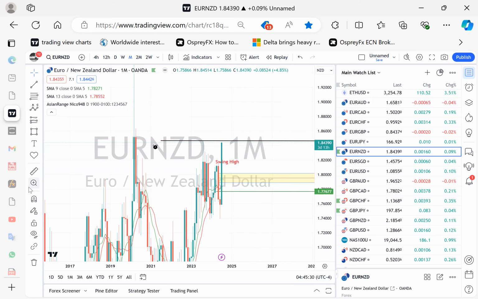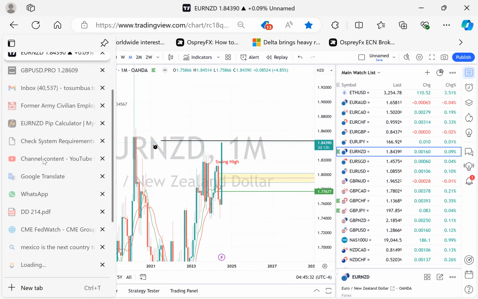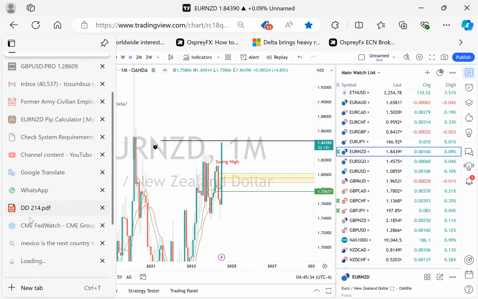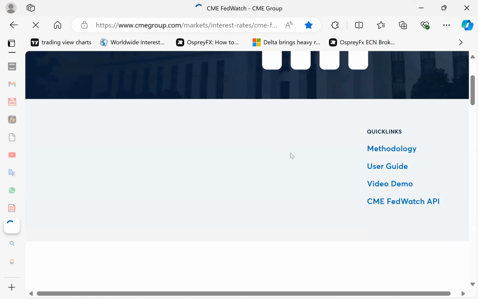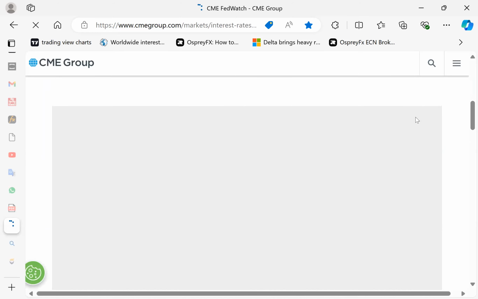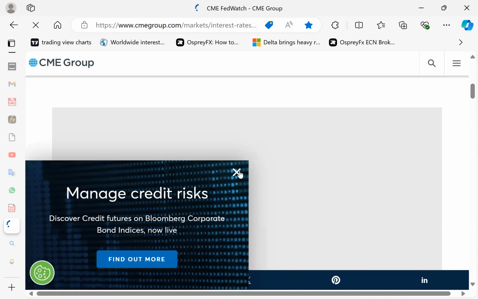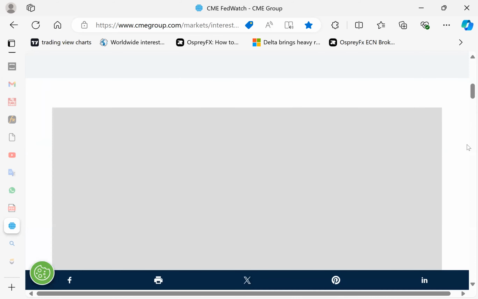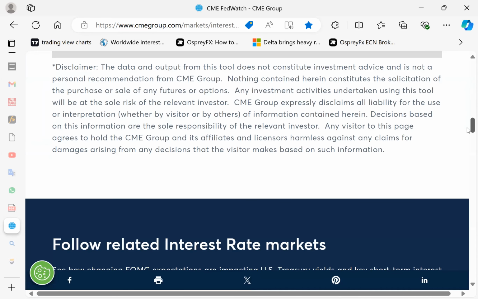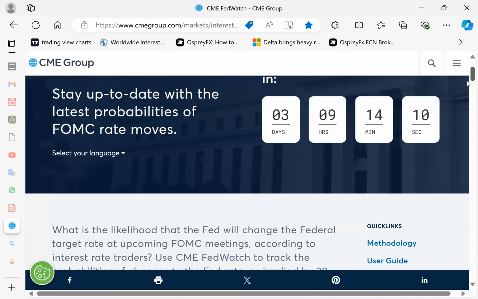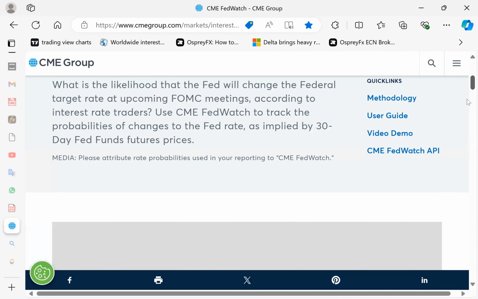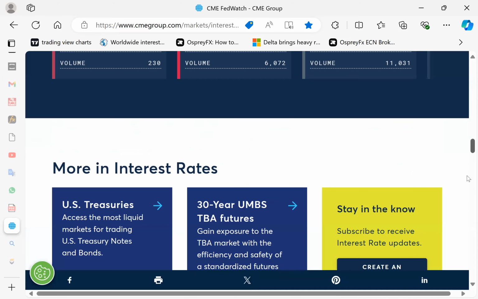I would be remiss if I didn't tell you guys that the Fed meets this week, the Federal Reserve Bank, and they're going to decide whether or not they're going to raise our interest rates. That's going to be a serious market mover. The market is going to be heavily manipulated. So keep in mind that whatever the Fed decides to do with the interest rates, it's a big deal for these markets.